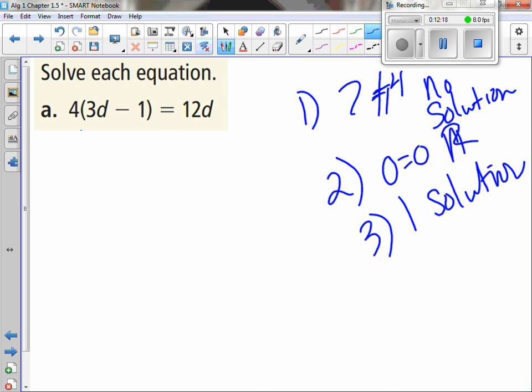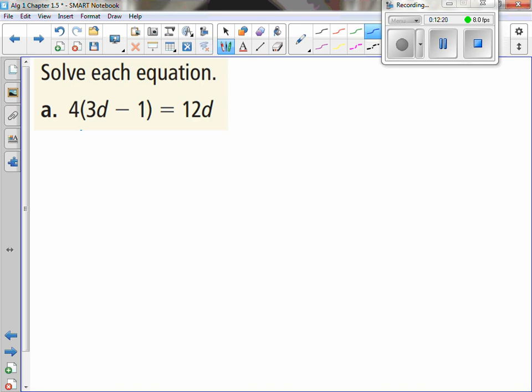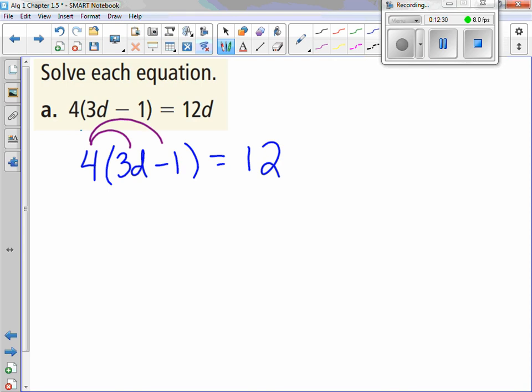Okay? So let's do another one of these here. So what would we need to do to solve this? Well, the first thing I need to do is multiply through by 4. Well, 4 times 3d is 12d. 4 times -1 is -4.